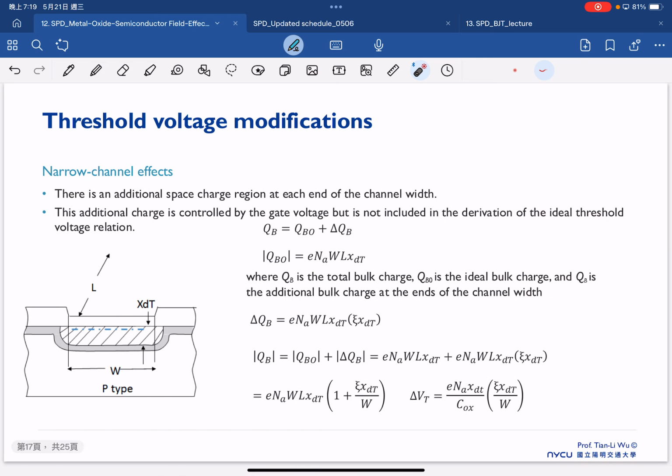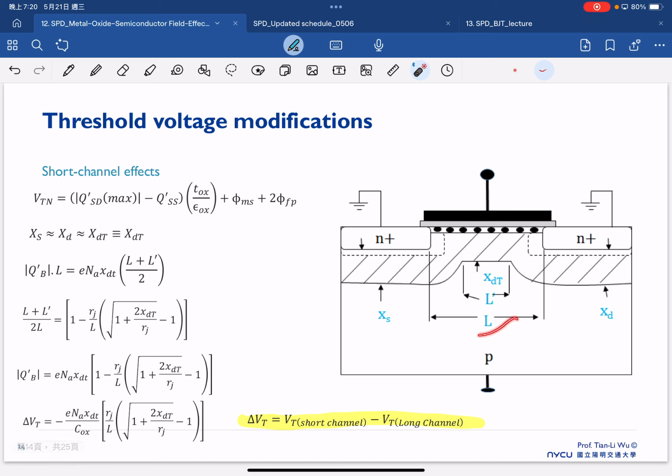On the other hand, there's another effect that we call the narrow channel effect. The narrow channel is considered in this cross section, where this is the channel width and this is actually our channel length. So this is channel length. So this is actually the region we mentioned here. So this is L and this is W. But now we turn this device schematic around.